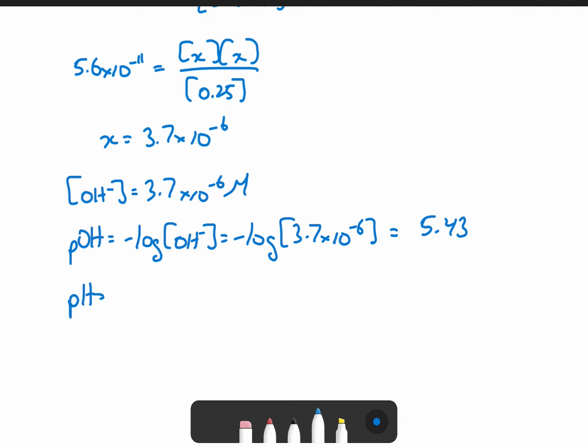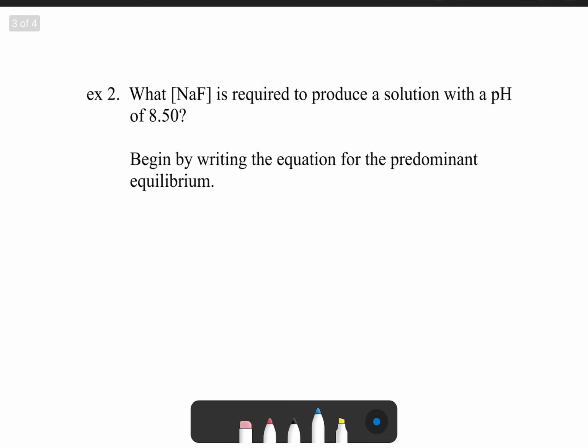And our pOH will work out to 5.43 to 2 sig figs. And therefore our pH would be equal to 14 minus 5.43, and this would be equal to a pH of 8.57. And here is our pH of a 0.25 molar solution of NaHCOO.